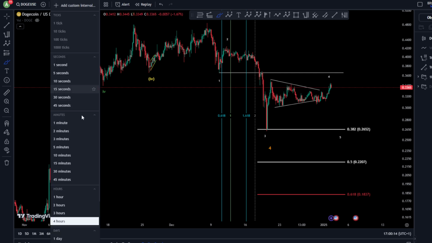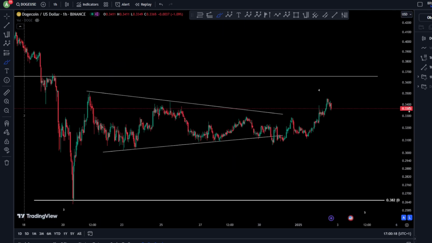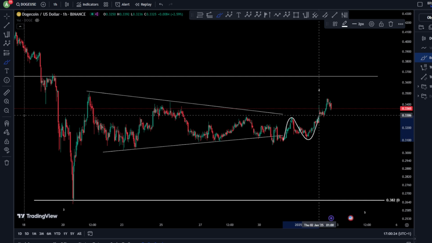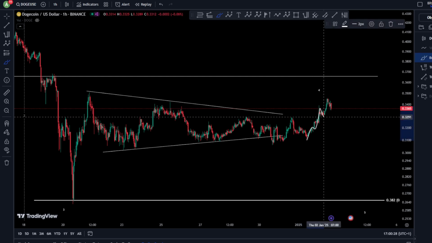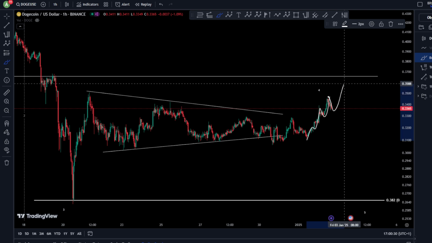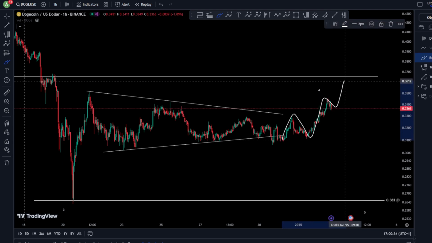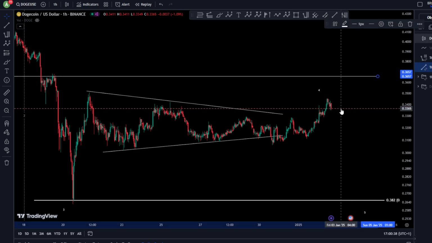If we take a look at the 1 hour chart just to check on this impulse, if this is 1, 2, and then 3, 4, 5, 1, 2, 3, 4, 5, finished wave 3, then 4, 5. Yes, so we are still looking for one more wave for 5, preferably again to not take the 0.36.